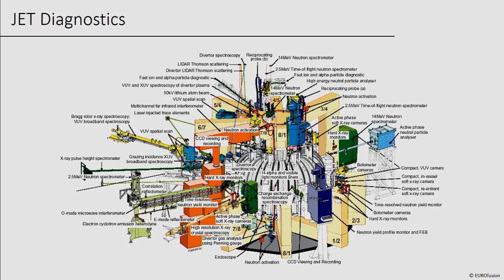Well, I've told you a few concepts about fusion. We need to know the temperature inside the reactor. We need to know the density inside the reactor. We need to know how many neutrons are coming out, right? The plasma is radiating, and when I say radiating, don't get scared, it's radiating light.